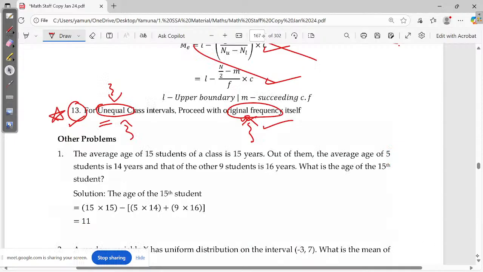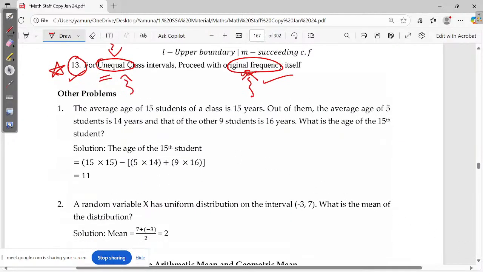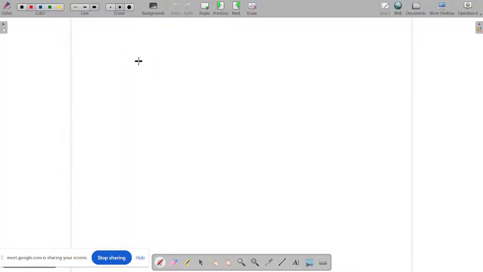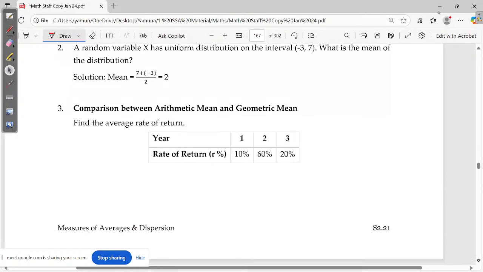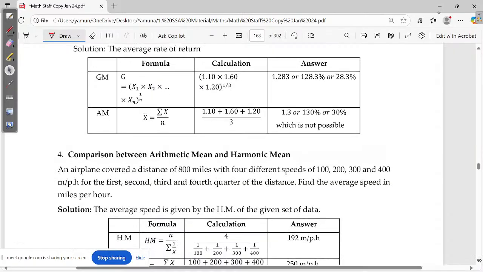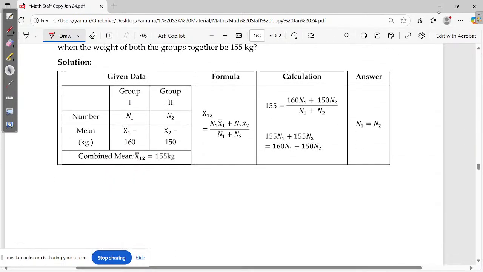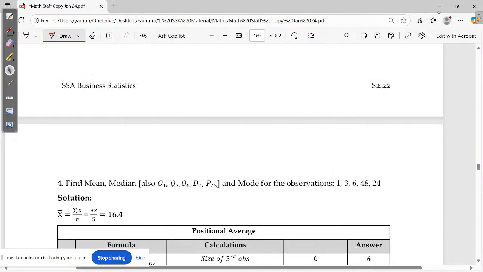Other problems, I request you to take an assignment. I have given two assignments so far. One is work on dispersions, the four measures, absolute and relative measures, so totally you get eight values. I request you to go for other problems and try working out all of them. The fourth one you have done, right?